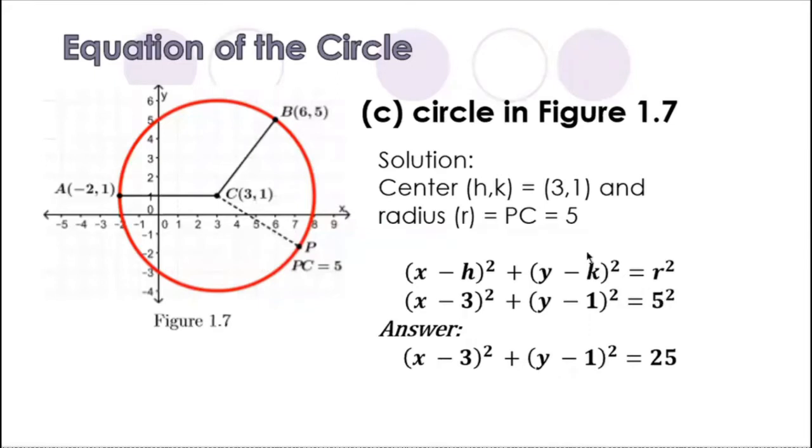Since r is 5, then 5 squared is 25. So we have the answer for the standard equation of the circle given center 3, 1 and radius 5. And that is x minus 3 squared plus y minus 1 squared equals 25. And that's it.